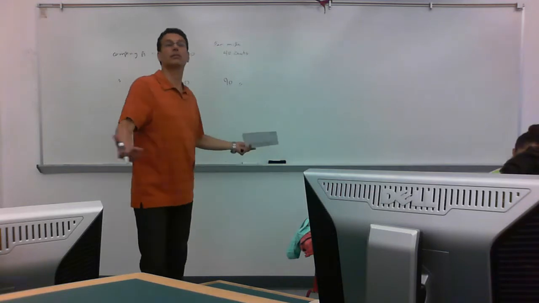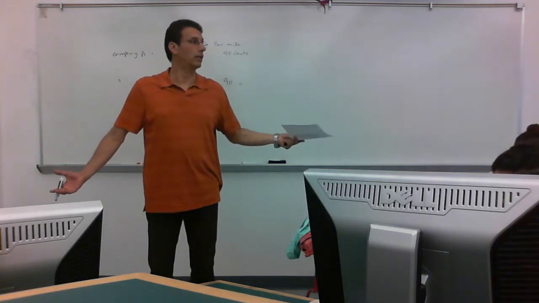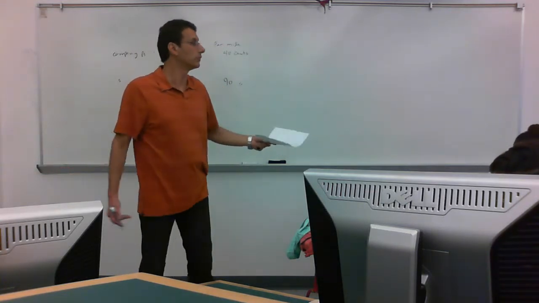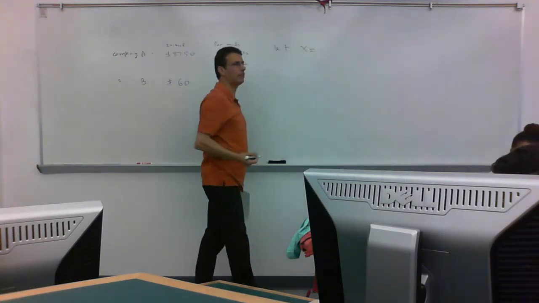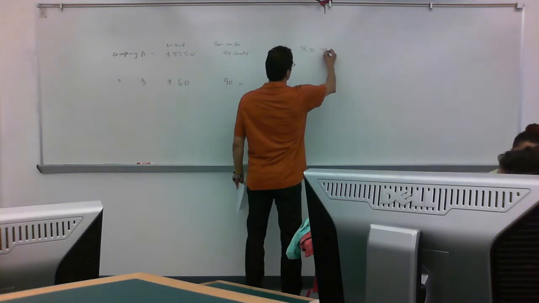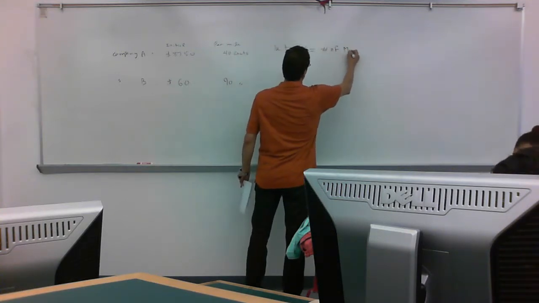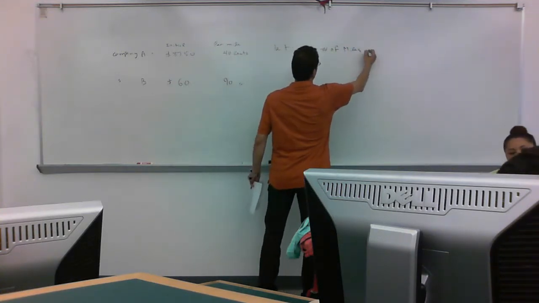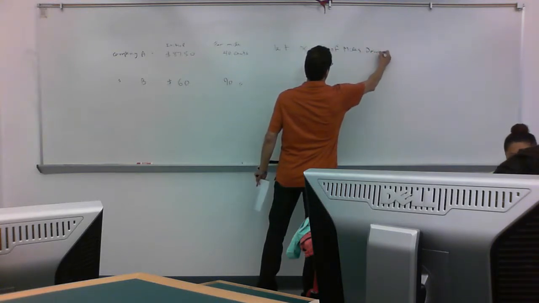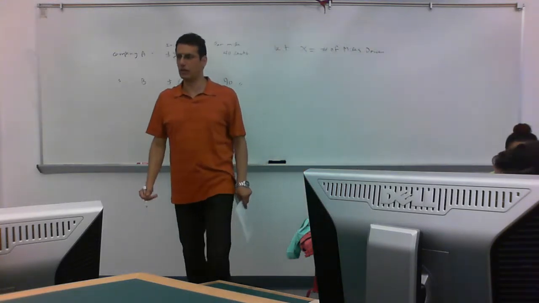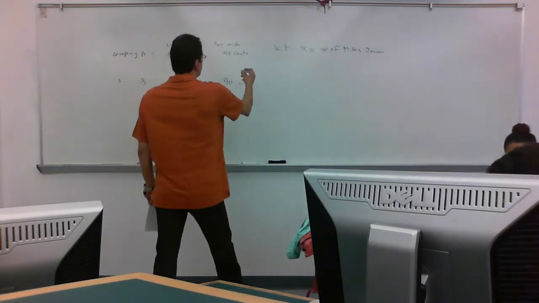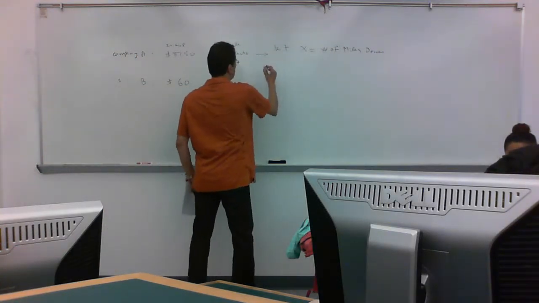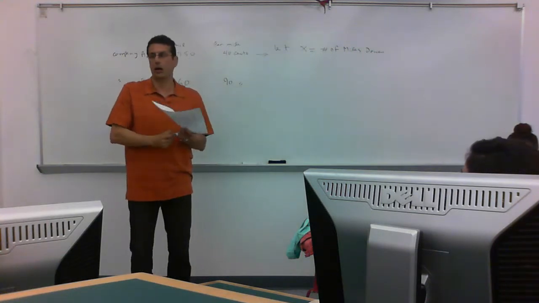So we can let any variable be... let x or m be the number of miles driven. If we let x be the number of miles we are going to drive, what would be the cost associated with the first company?